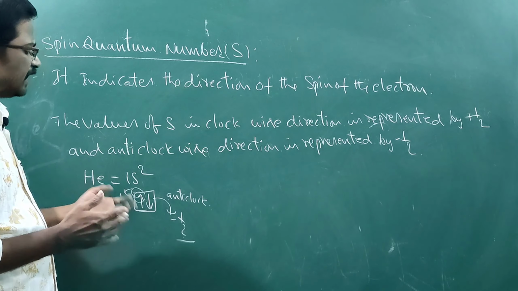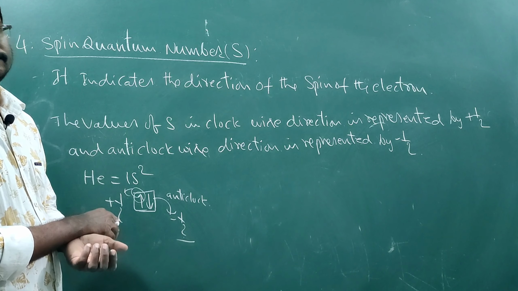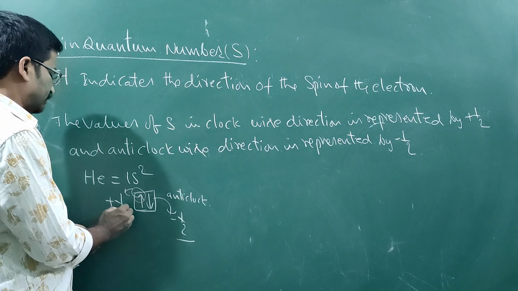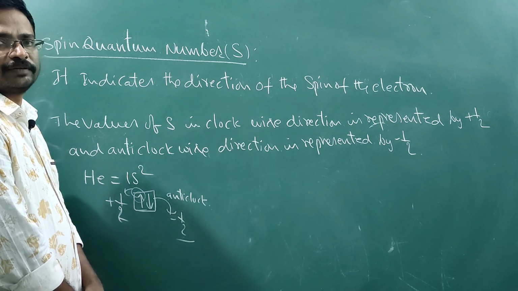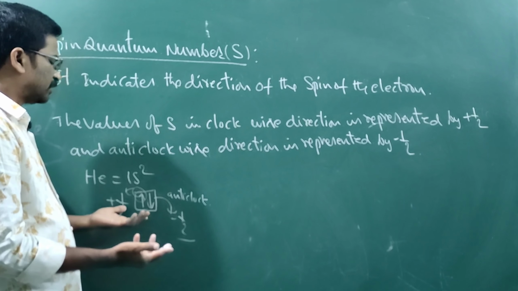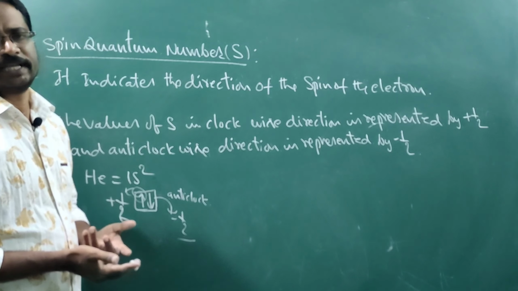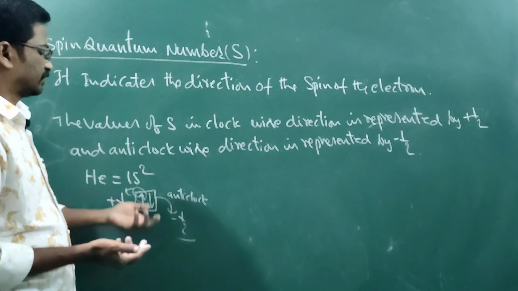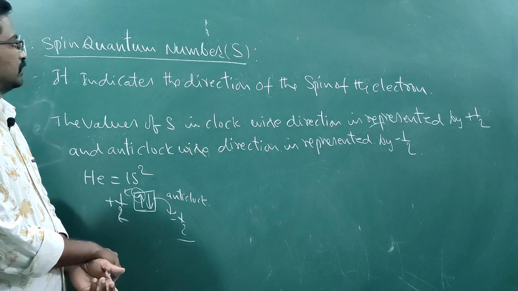One is plus half, and the other simultaneously goes to minus half. In this way, one electron is clockwise and the other electron is in the opposite direction.